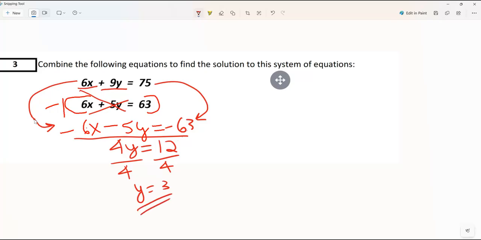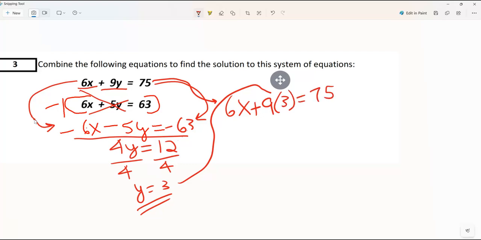Okay, so that's how we do it. Now we're going to do what we did before. We take the equation up here and go find the x. 6x plus 9, and we know the y down here is 3, so we go times 3 equals 75. 6x plus 9 times 3 is 27, equals 75.